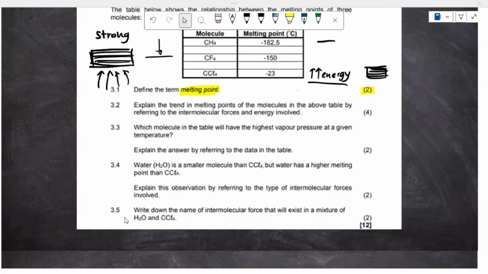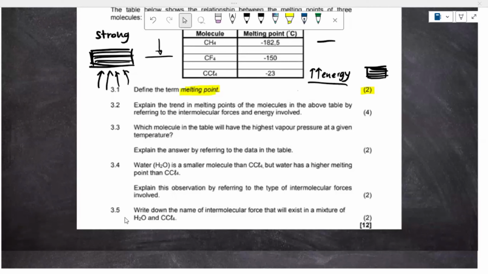Okay, thank you. The temperature at which a compound changes state from a solid to a liquid. You did add "or liquid to a solid." That is the opposite, right? From a liquid to a solid, that would be the freezing point. So they're not interchangeable. The melting point definition is only from a solid to a liquid, whereas the freezing point definition would be from a liquid to a solid.